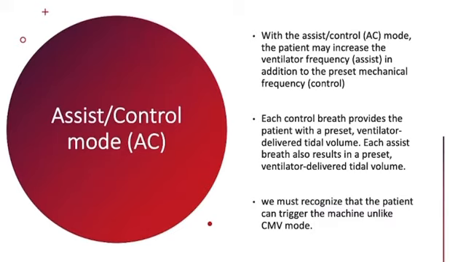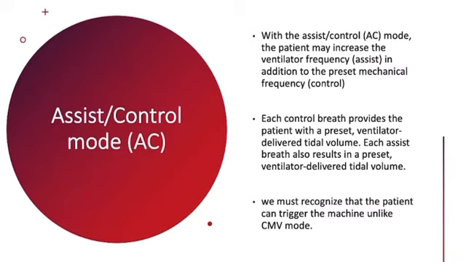If we have a respiratory rate of 10 or 12, the patient can take breaths over this 12 respiratory rate. And each controlled breath will give the patient a preset ventilator delivered tidal volume, same as CMV. And if the patient triggers, each assist breath also will result in the same ventilatory tidal volume.